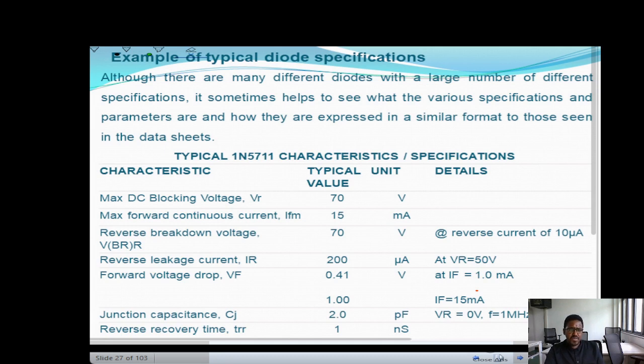It sometimes helps to see what the various specification parameters are and how they are expressed in a similar format in the data sheets. As an example, the 1N5711 characteristics or specifications are shown in the table. By this method, you can identify what type of diode you want for your circuit application.